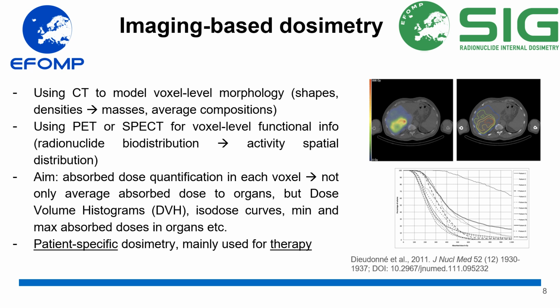And the final aim is assessing the absorbed dose in each CT voxel, so that not only average absorbed doses to organs can be evaluated, but also other metrics like dose volume histograms, isodose curves, maximum and minimum values of absorbed doses in organ. It clearly emerges that this is a patient-specific dosimetry, and thus it is mainly used for therapy planning.